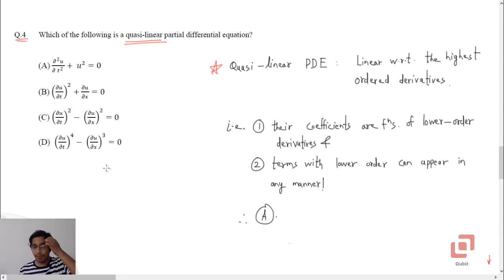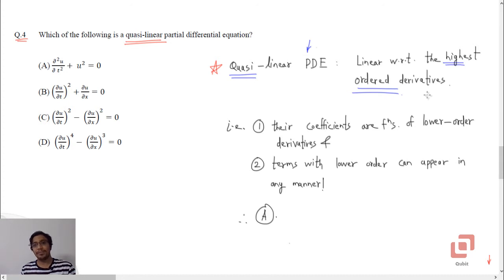Now to solve this problem, you should first know what a quasi-linear partial differential equation is. We already know what a linear differential equation is. Any quasi-linear differential equation, in particular a partial differential equation, is a differential equation which is linear with respect to the highest order derivatives, meaning you shouldn't have any power of the highest order derivatives apart from 1, or 0.